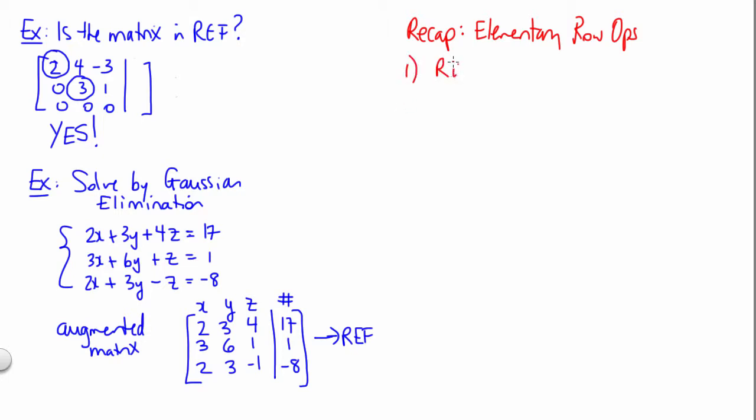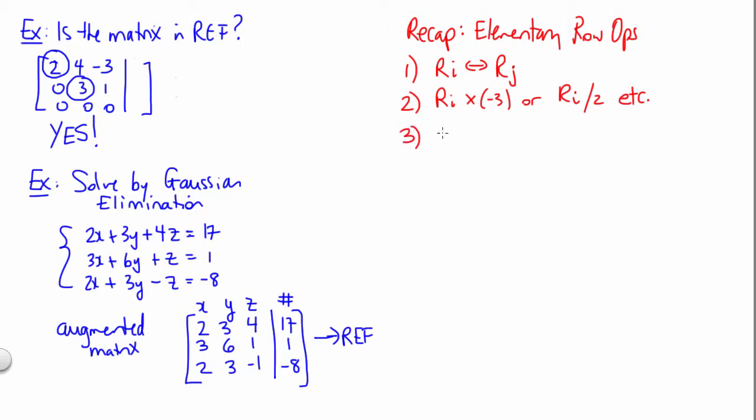First, you can swap any two rows, so let's say swap row I and row J. Second, you can multiply or divide any row through by a non-zero constant. So you could do something like row I times negative 3 or row I divided by 2, etc. Those are examples of the second type of row operation.